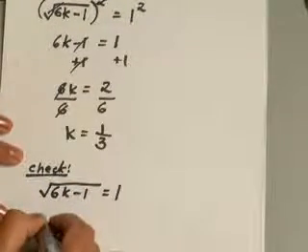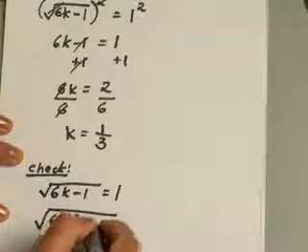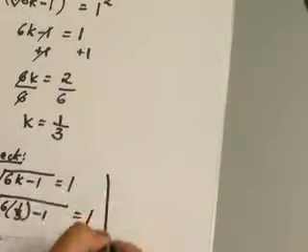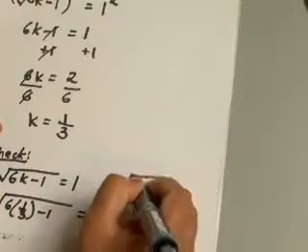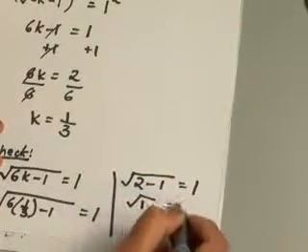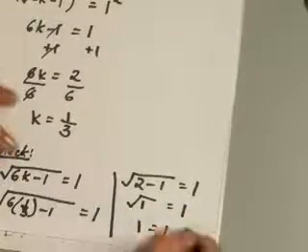So substitute k with 1/3, and let's see what we end up with. So 6 times 1/3 will of course give you 6 over 3, or that will give you 2. 2 minus 1 is 1, and of course square root of 1 is 1.